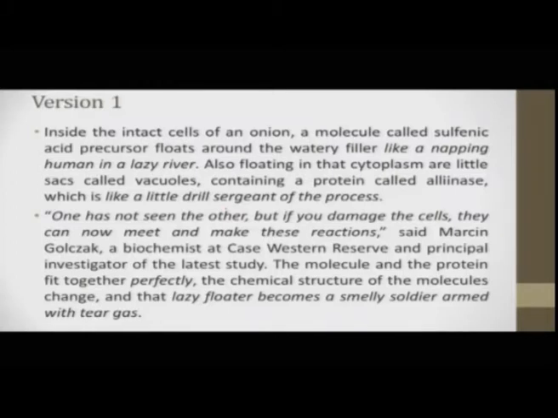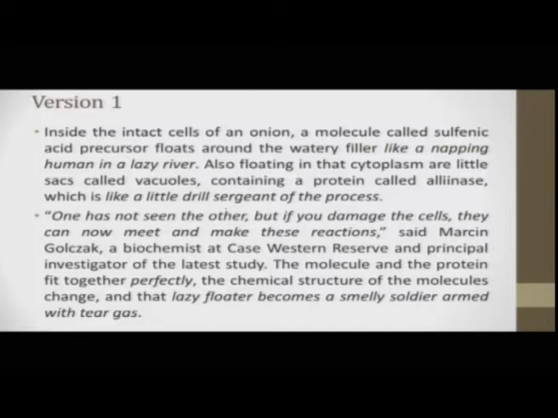So, this is version 1. Inside the intact cells of an onion, a molecule called sulfonic acid precursor floats around the watery filler like a napping human in a lazy river.